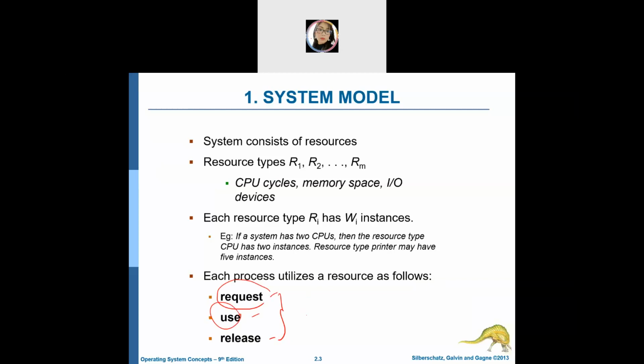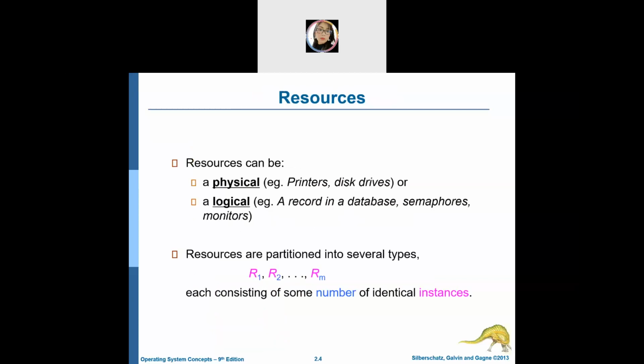Similarly, if you want to borrow something from a friend, you ask for permission to use it, and after you use it, you say, okay, I have finished, so I will give it back to my friend, or I just release the resource.